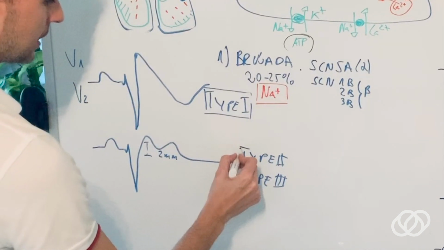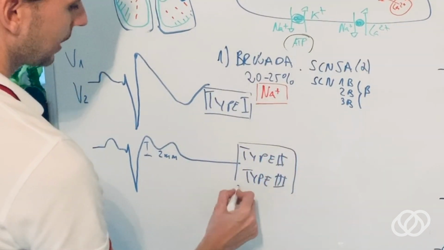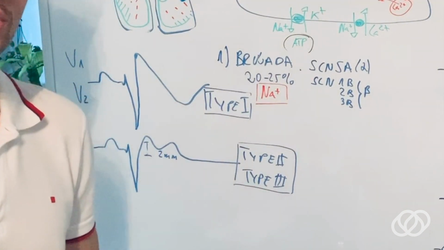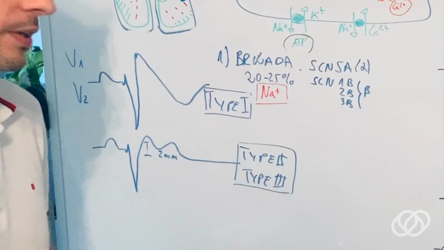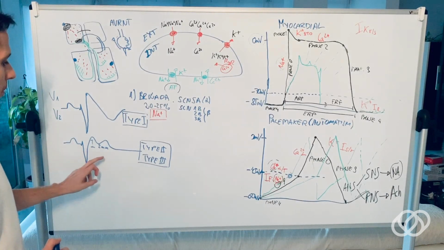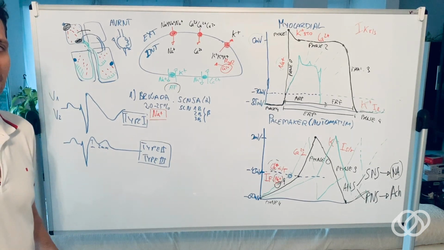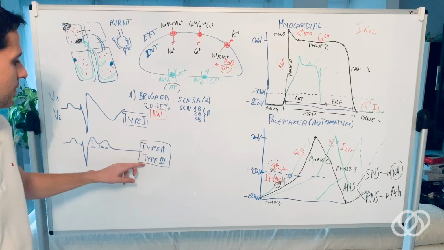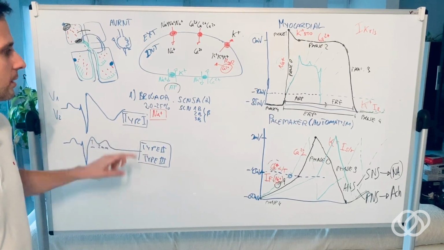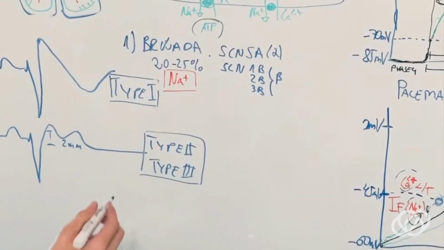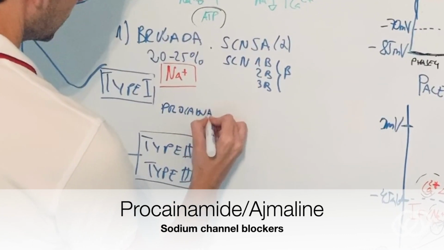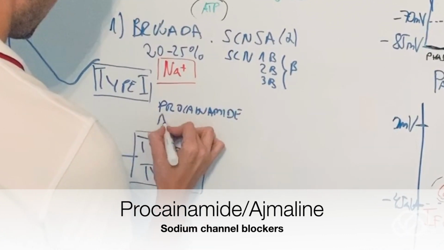We could also have the situation in which we have a patient who is suspicious of having Brugada syndrome, and we have the type 2 or type 3, and it happens that he has a hidden pattern. And we can try to unmask this hidden pattern of type 2 or type 3 and try to turn it into type 1 by adding a drug. Drug that could be either procainamide or ajmaline.